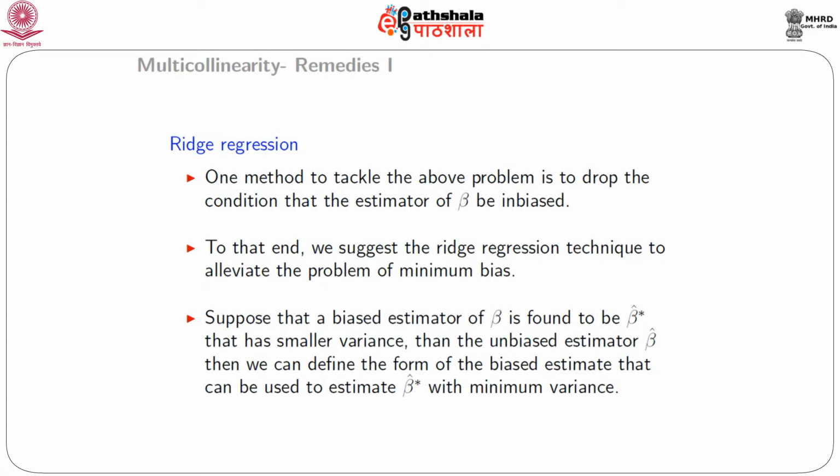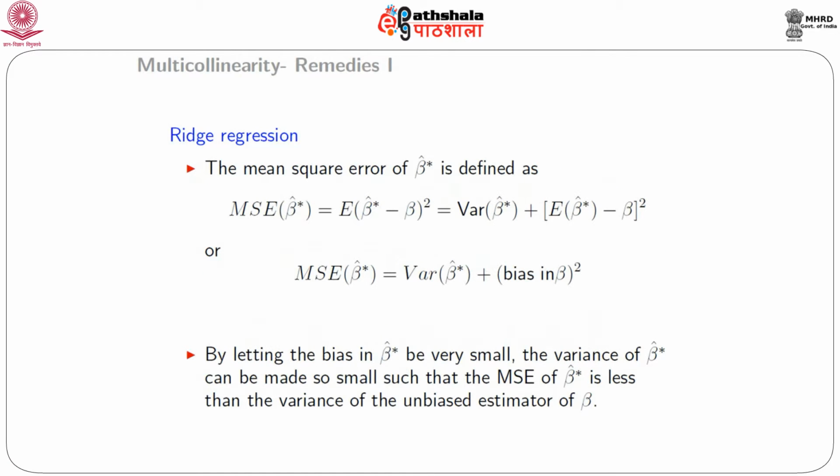The mean square error of beta hat star, which is the biased estimate of beta, is defined as the expectation of (beta hat star minus beta) whole square, which can be written as the variance of beta hat star plus the square of the expected value of beta hat star minus beta. That is, MSE of beta hat star is the variance of beta hat star plus the square of the expected value of beta hat star minus beta, where the difference is called bias.